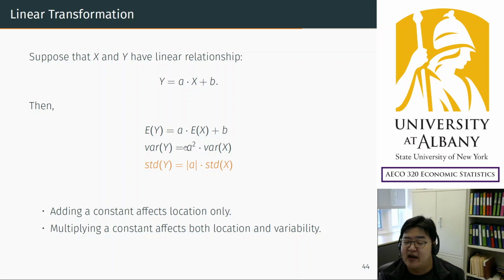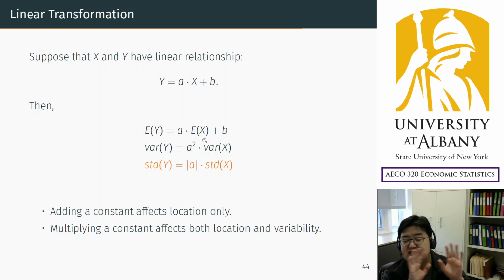This is because a may be a negative number. If a was -1, for example, then multiplying by -1 is like taking the mirror image, flipping the right and the left. The distance does not change. It's just symmetric about the center. So we only take the absolute value, right?